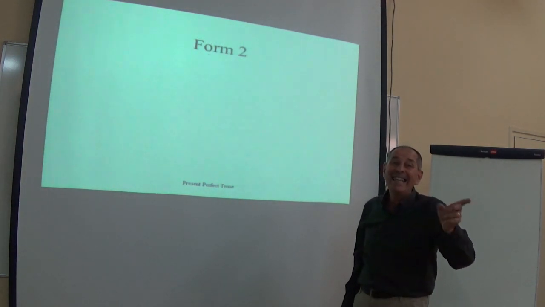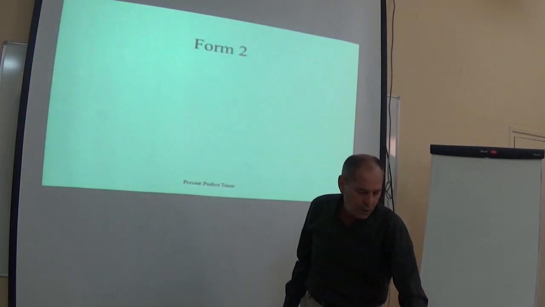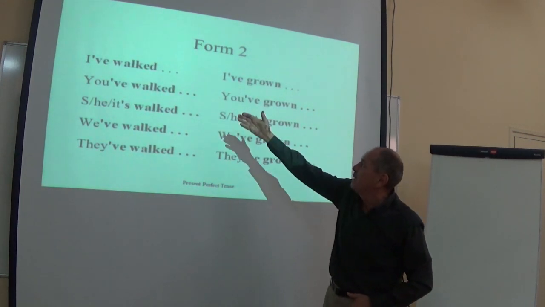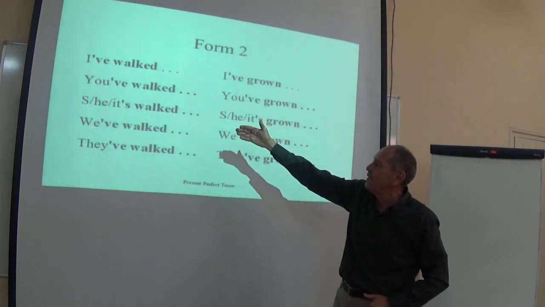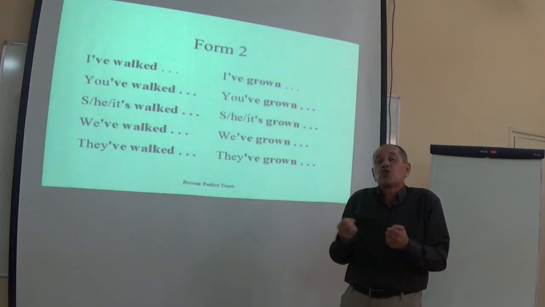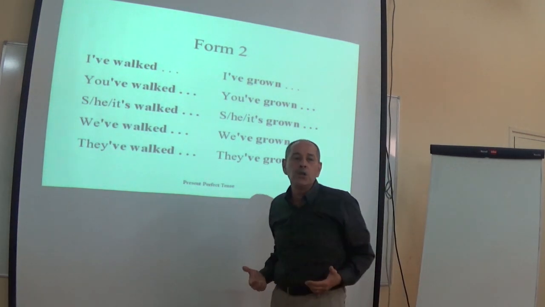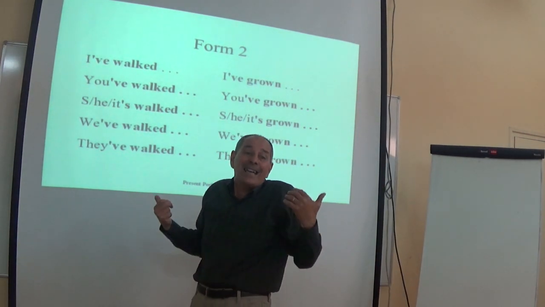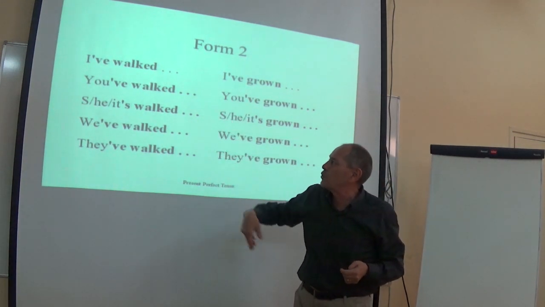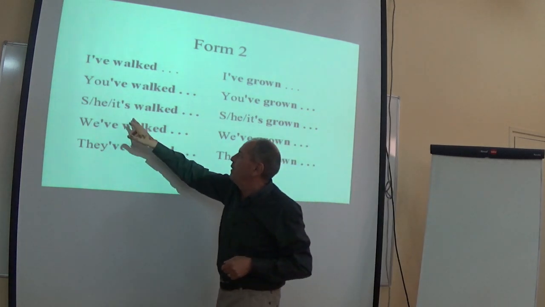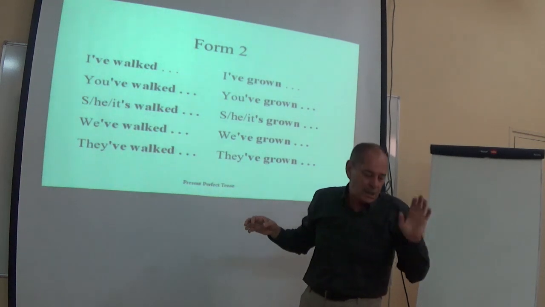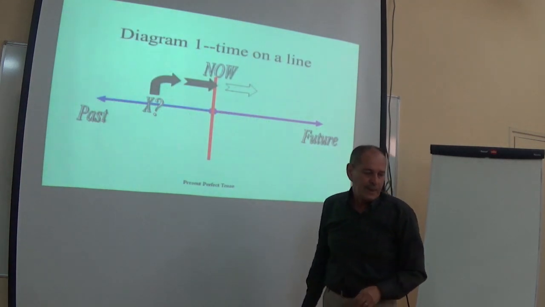Or I have gone, you have gone, he has gone, she has gone. Right. The second form is the contracted form, which we usually use when we are speaking, for economy. So instead of saying I have gone, we say I've gone. The short form. For the third person, she's walked, he's walked, it's walked.